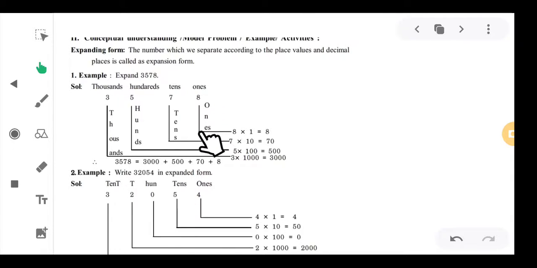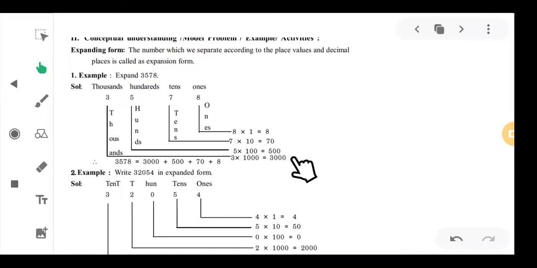So 8 is in ones place, that's why the place value of 8 is only 8. The place value of 7 is, this is in the place of tens, that's why 7 into 10, this is 70. Like that, the place value of 5 is 500 because this is in the place of hundreds, and the place value of 3 is 3000 because this is in the thousands place.